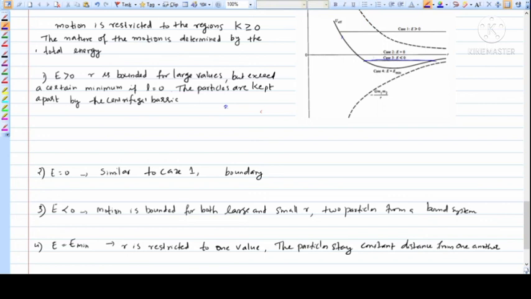This is the 0 line and this is less than 0, and here the motion is bounded for both large and small R. This line crosses U effective at two points, so the motion is restricted under this area. It is bounded, and it cannot cross this point or this point.